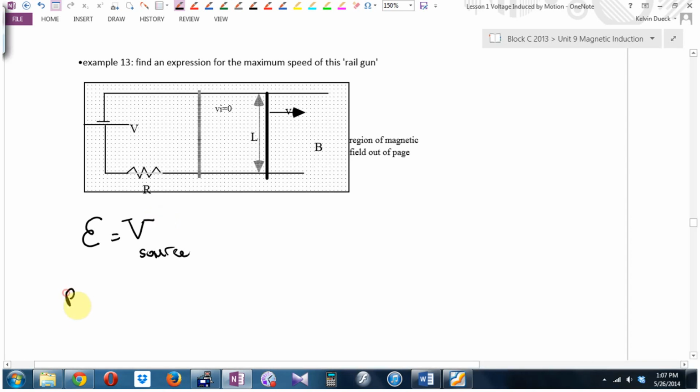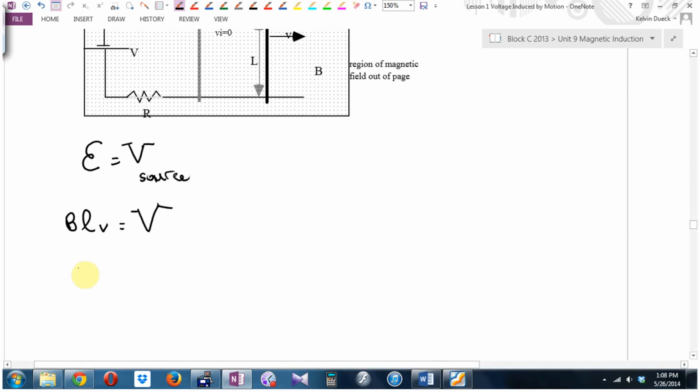When BLv equals V. There's your maximum speed. Take your source voltage, divide it by the magnetic field and the length of wire.